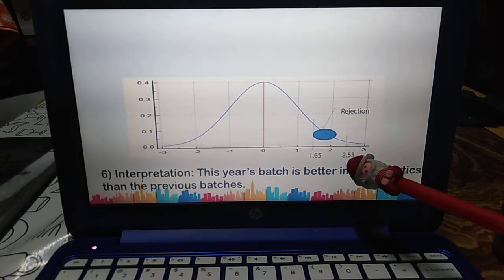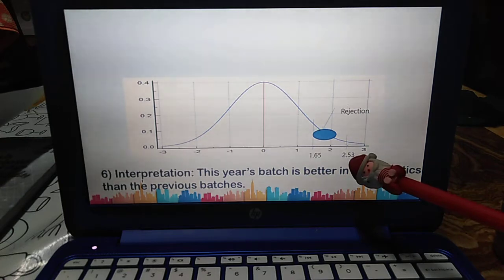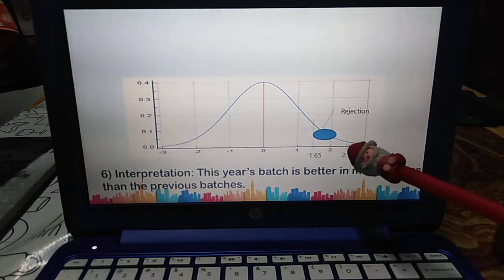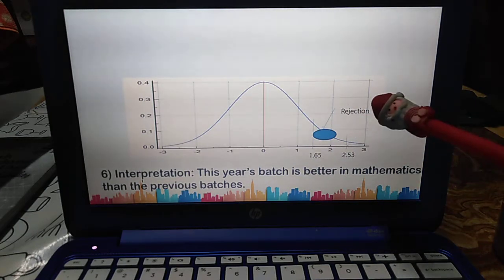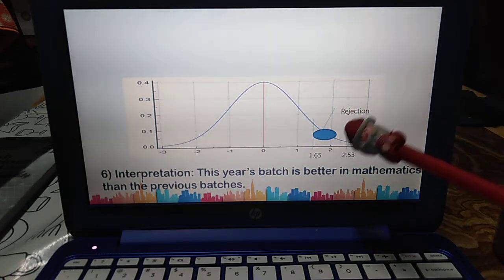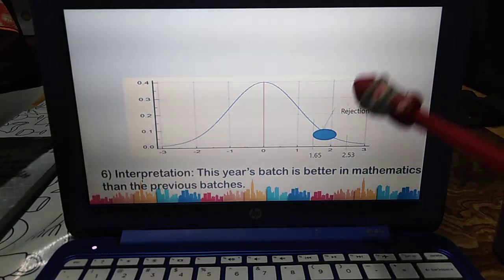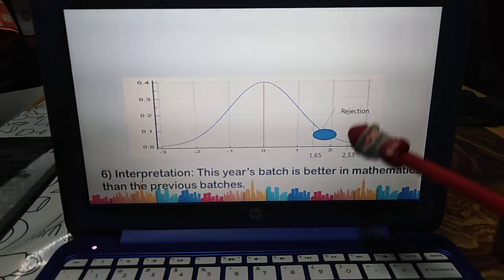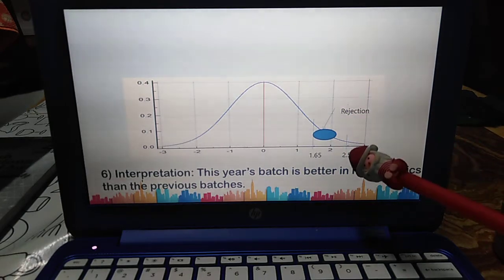Since 2.53 is on the right of 1.65, then it fell under the rejection area. Therefore, for this year's batch, we reject the null hypothesis. Again, why do we reject the null hypothesis?